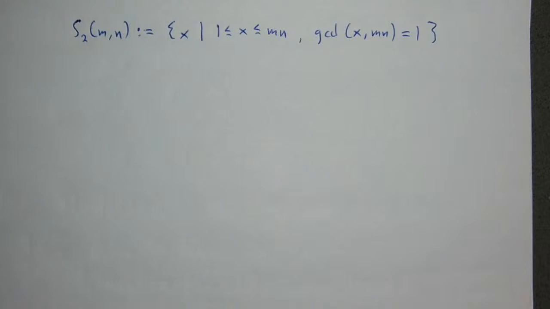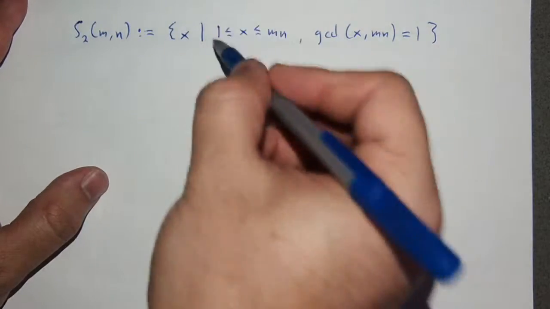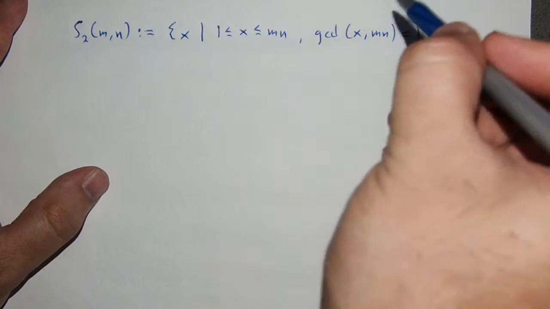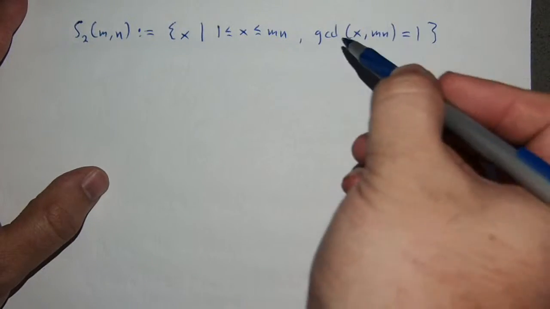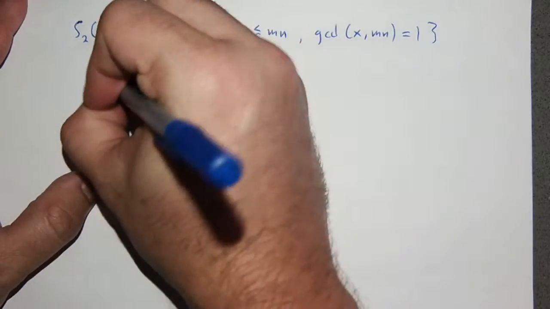So this is more straightforward to compute the total number of elements. This is the number of integers between 1 and m times n such that that integer is relatively prime to m times n. So the total number of elements is phi of mn.